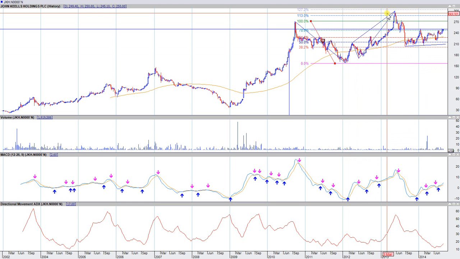This is what we are seeing in the market, especially in JKH. So this was something very recent price action what we saw here.